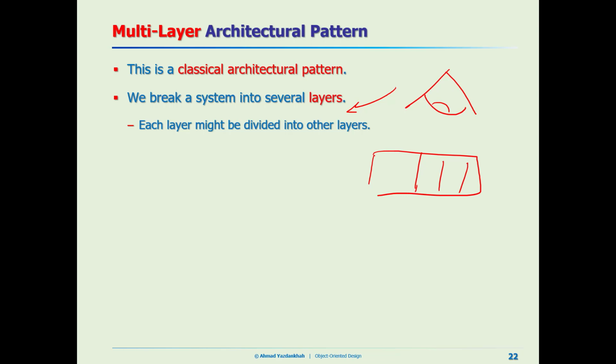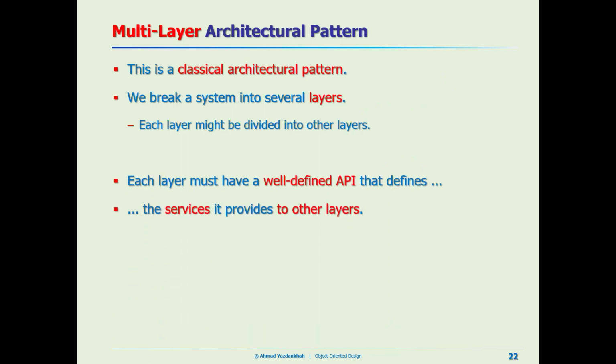At the beginning, right? So not only do we need to divide, as I said, we need to define the services that each layer can provide to other layers. So it should be a very well defined API, all right? This is a very important thing.